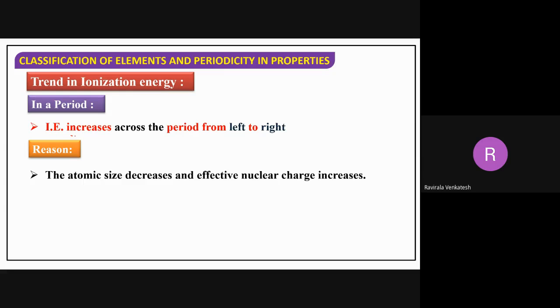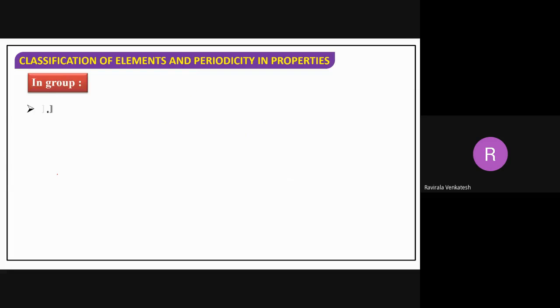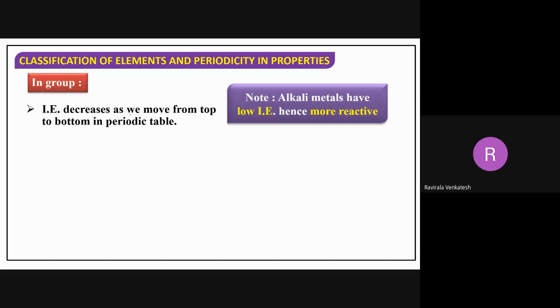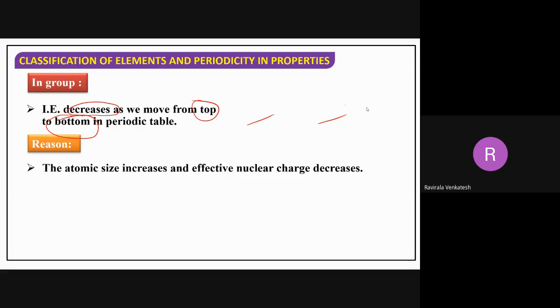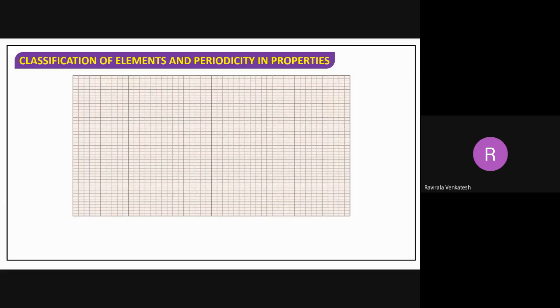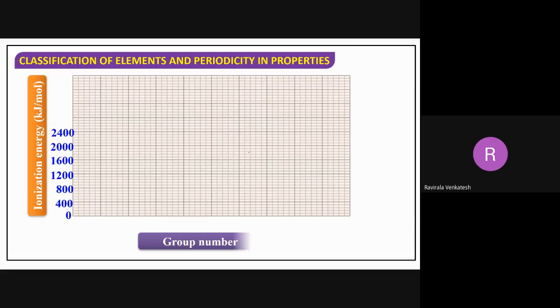Ionization energy in a period increases from left to right; reason: atomic size decreases. In a group, ionization energy decreases from top to bottom. I already explained this. Alkali metals have the lowest ionization energy; the reason is that atomic size increases with effective nuclear charge. I already explained this.